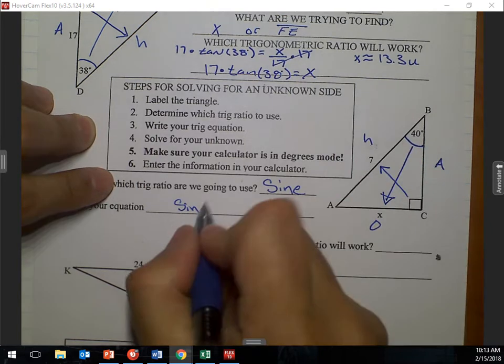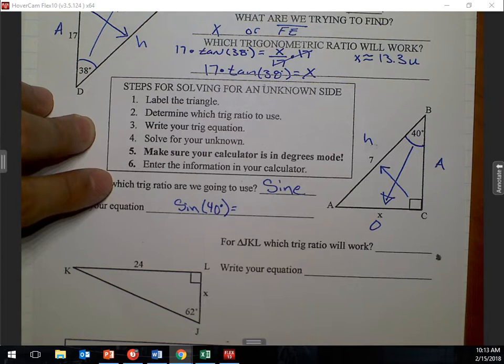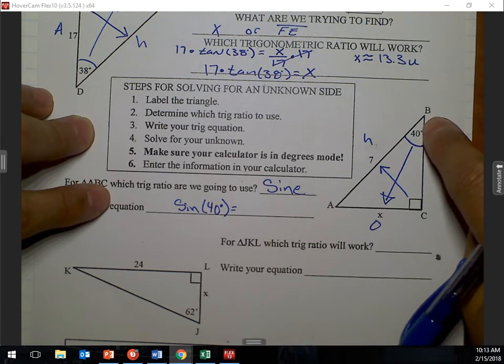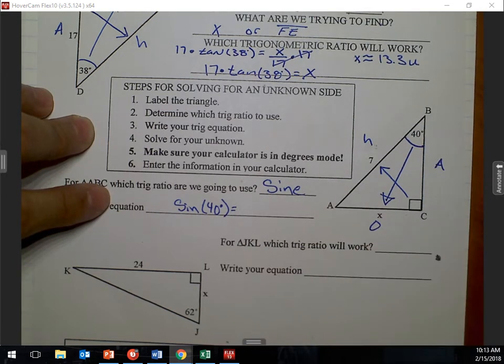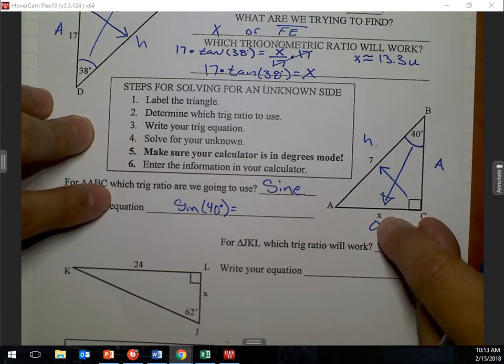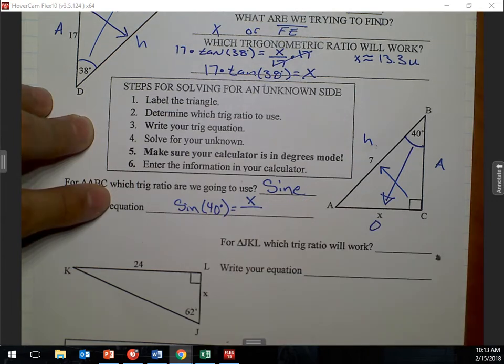So it's going to be 40. Now, sine is opposite over hypotenuse, right? So what is my opposite value? X over 7, because that's my hypotenuse.